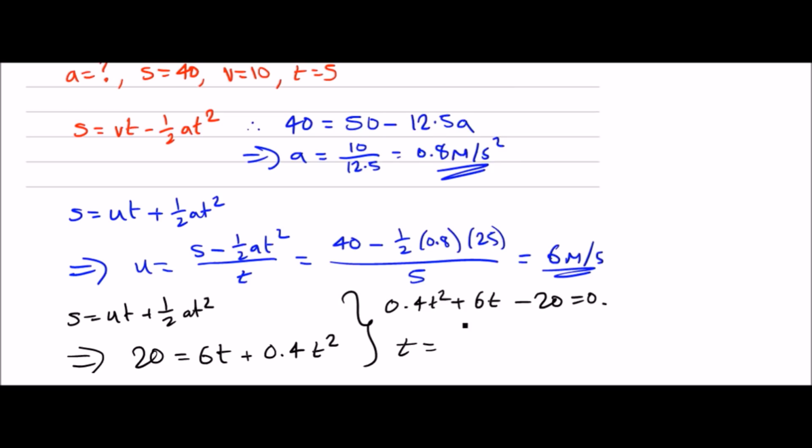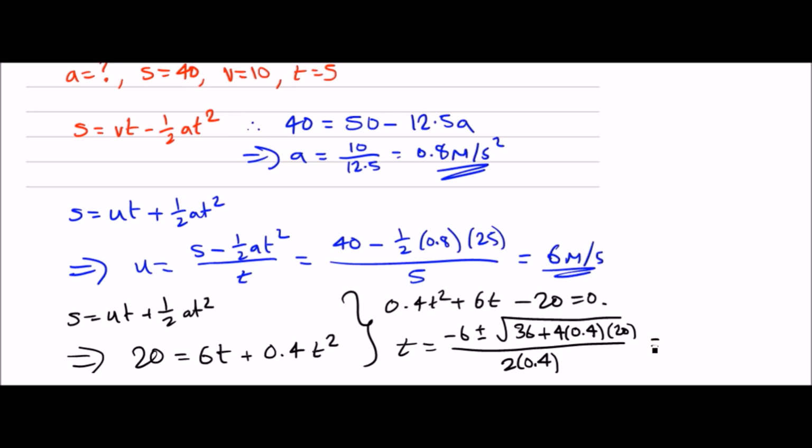T equals minus B, so minus 6, plus or minus the square root of B squared, so 6 squared is 36, minus 4 times A, which is 0.4, times minus 20, so that becomes plus 20. This is all over 2 times A, so 2 times 0.4.